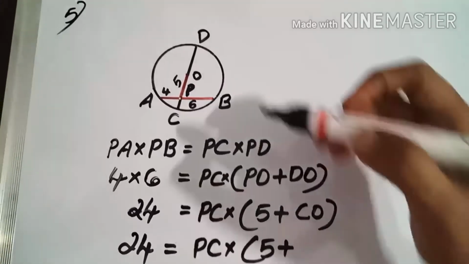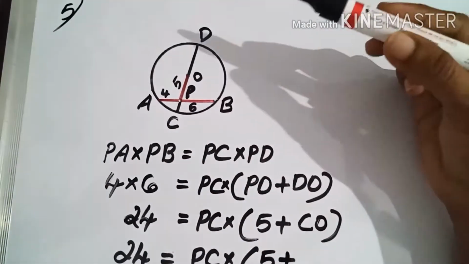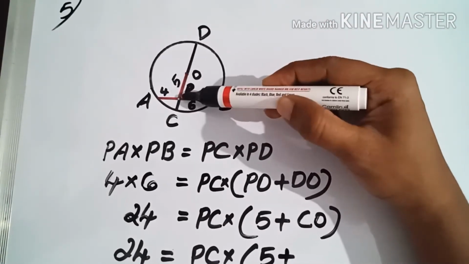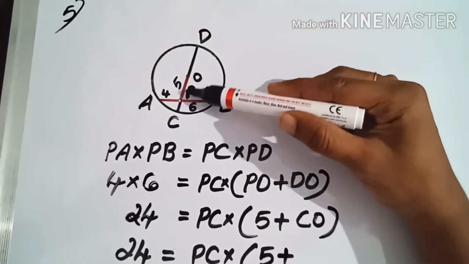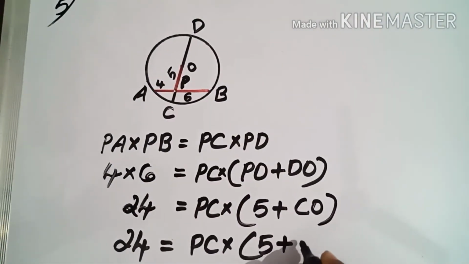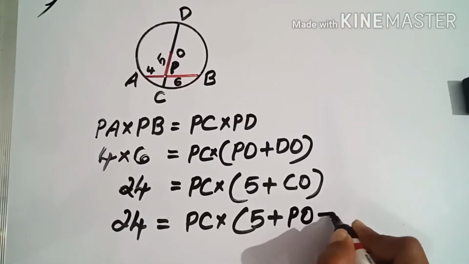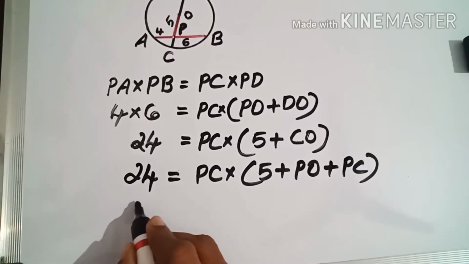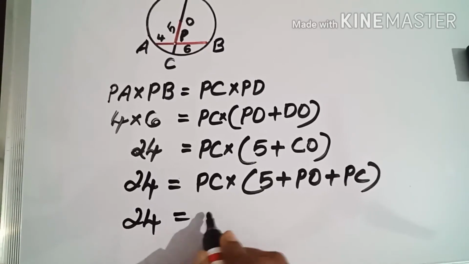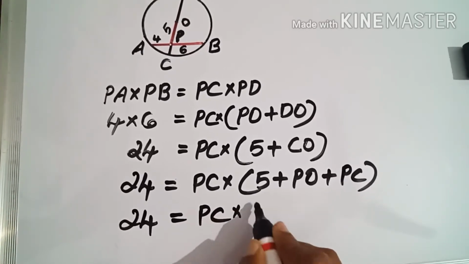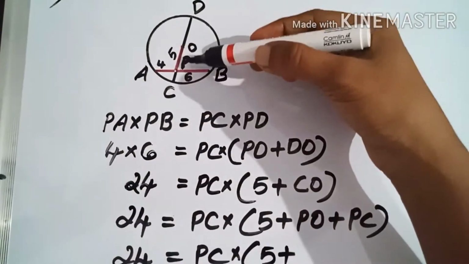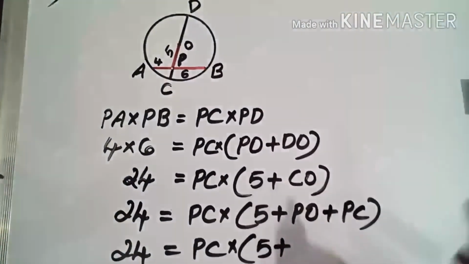This CO is the sum of these two parts. This CO is a sum of PO and PC. So let's write PO plus PC. Now after that, 24 equal to PC into 5 plus PO, and that measurement we have, that is 5 centimeter.